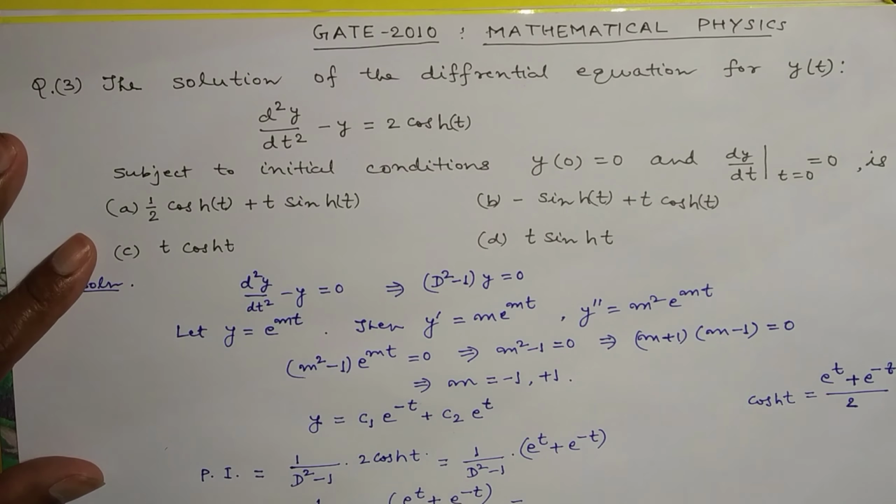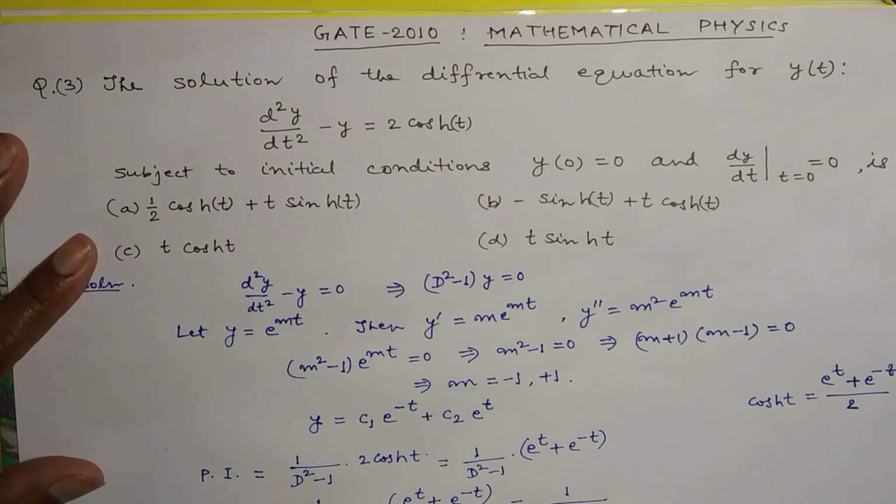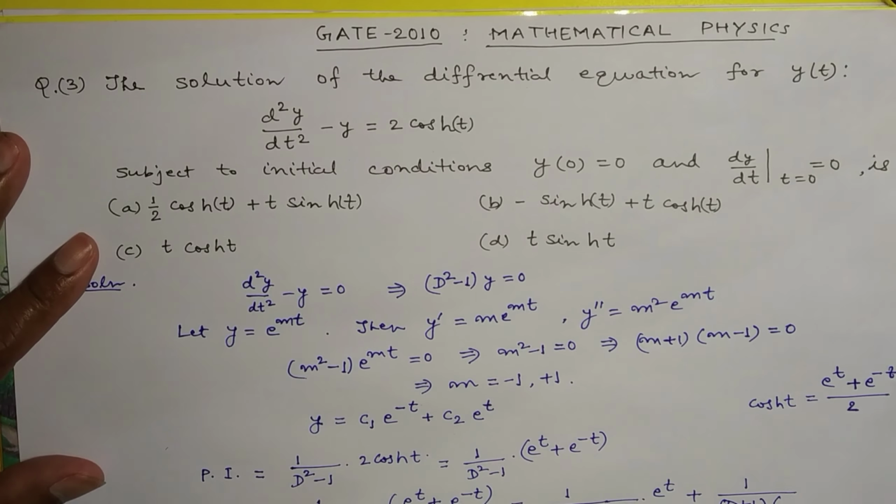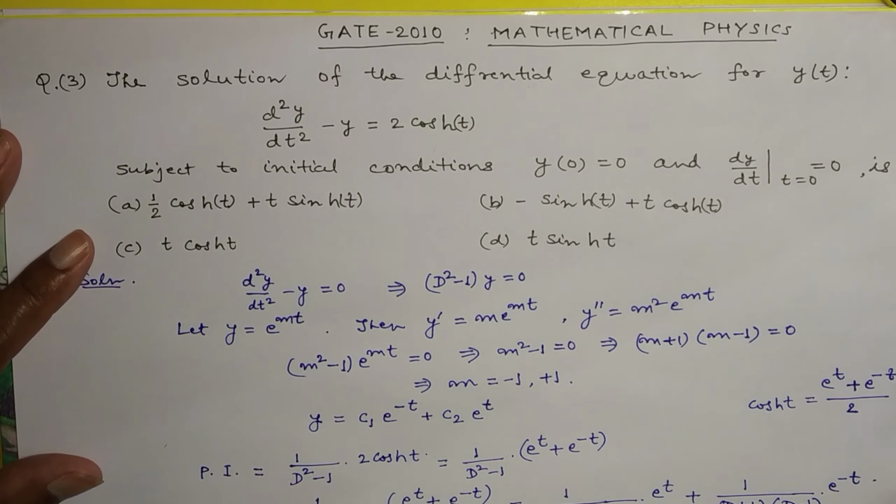Now bifurcate it, that is 1 upon (D plus 1)(D minus 1) e raised to t plus 1 upon (D plus 1)(D minus 1) e raised to minus t.